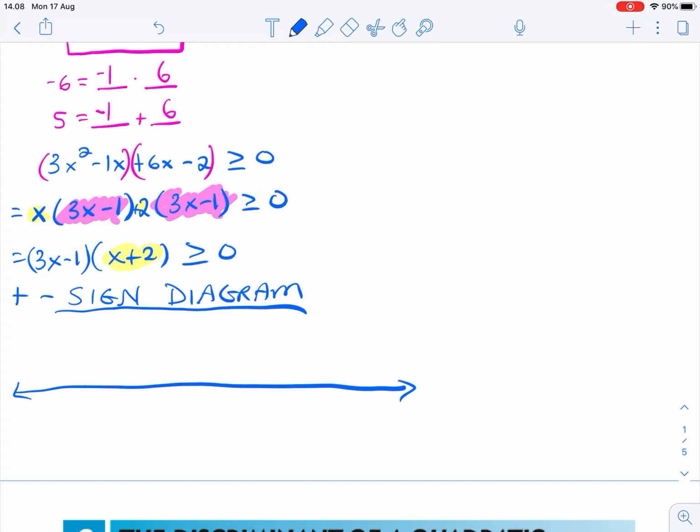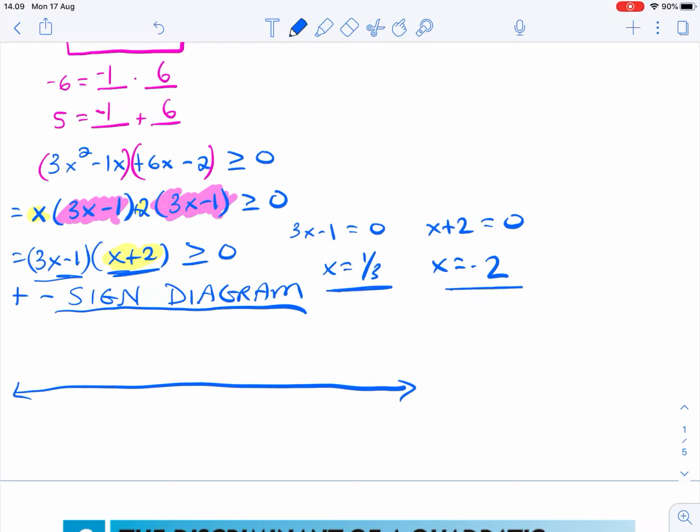What numbers am I going to put in? Well, I'm going to solve for 0 in both of these cases. Remember, if we set this equal to 0, one of the factors has to be 0. So 3x minus 1 equals 0, and x plus 2 equals 0. So x equals 1/3, and x equals negative 2.